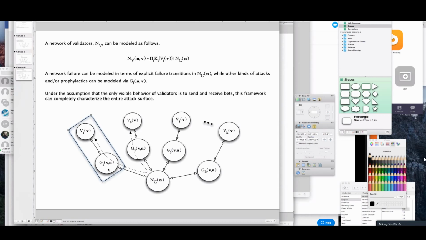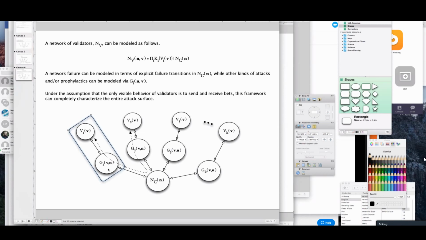So there's a few options, right? It depends on whether we put the strategy of the validator for when they decide to publish things and when to make bets inside VI or inside GI.